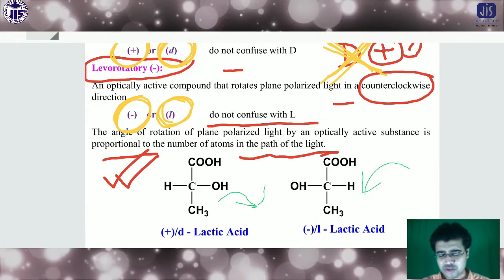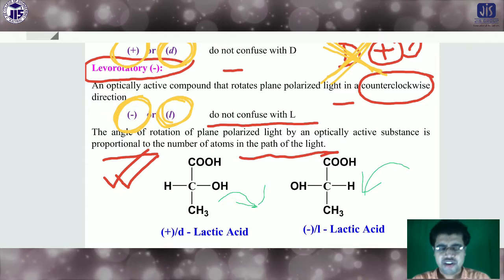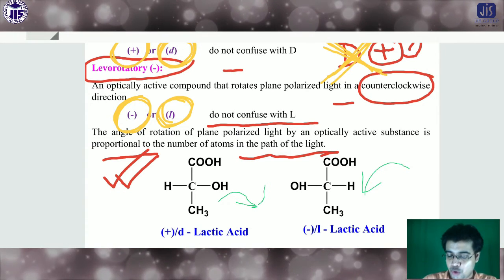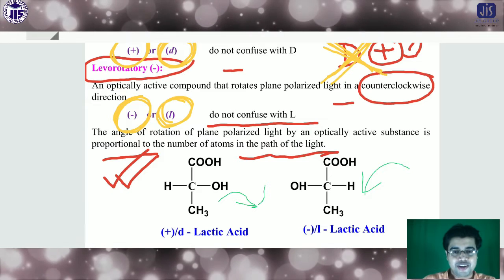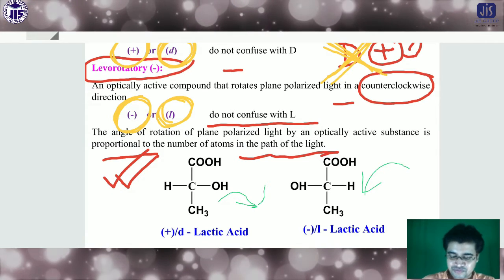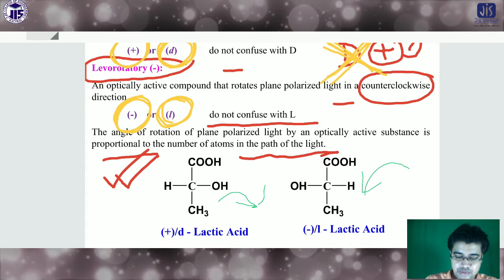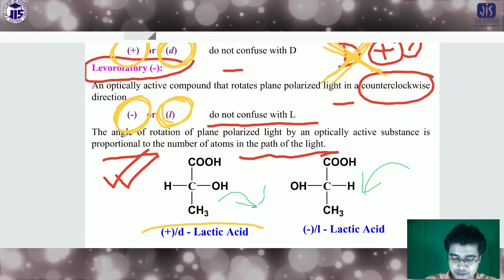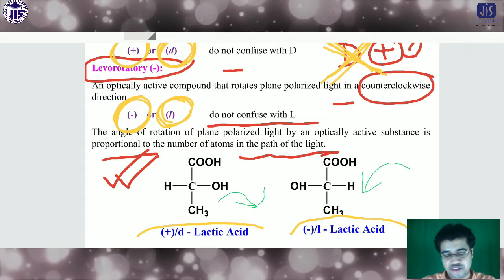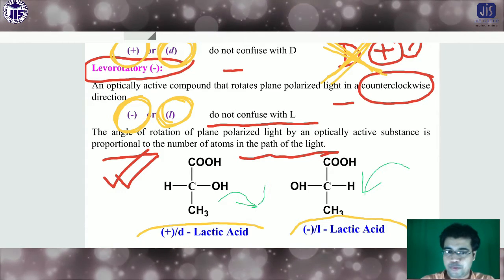Though the compounds look the same, there is some difference between them. That's why they show a difference in the rotation of plane polarized light. Both are lactic acid, but they do not rotate the plane polarized light in the same way.